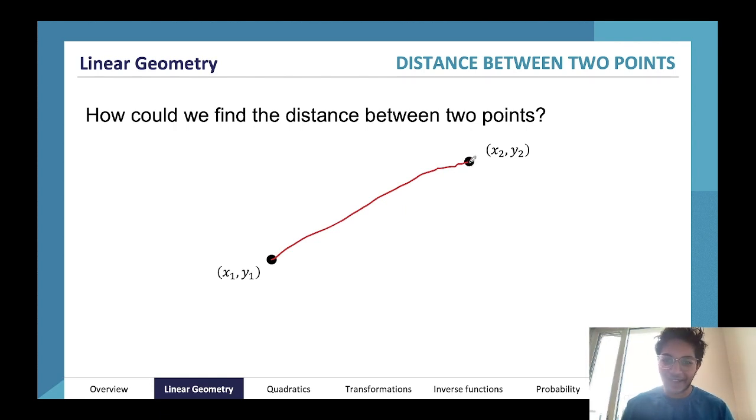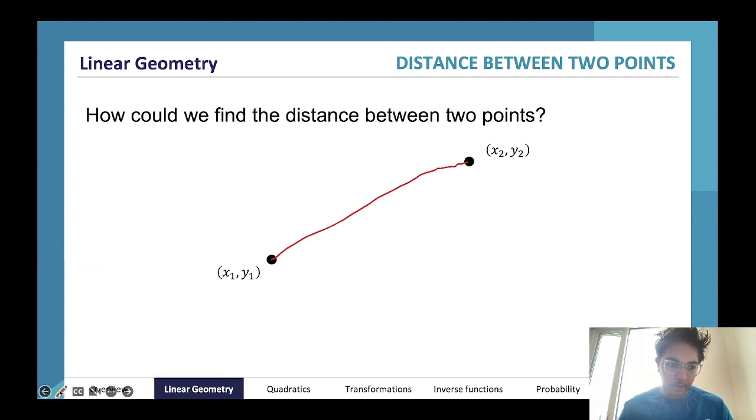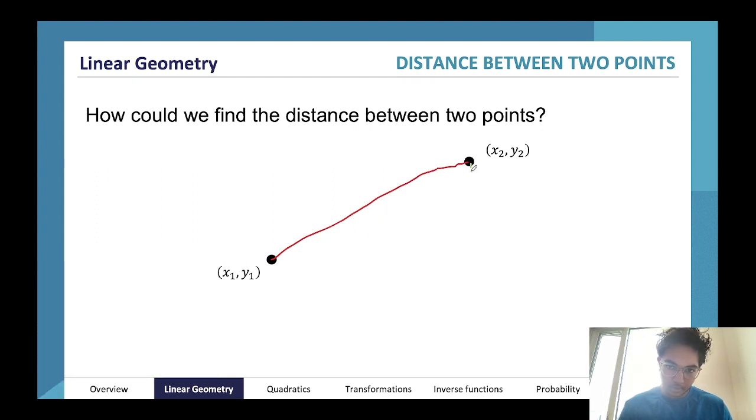Assume that's a straight line. And then I'm going to make a line down this way as well. Actually, I'll do it in a different color, and I'll do it in dots. Okay, cool. So now we have a right angle triangle here, right?